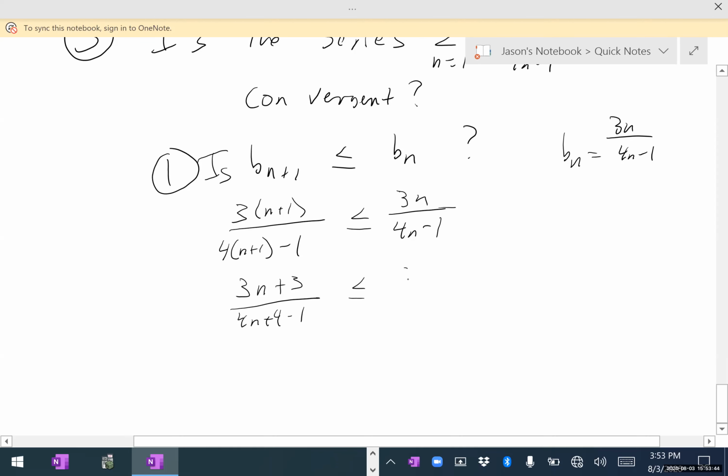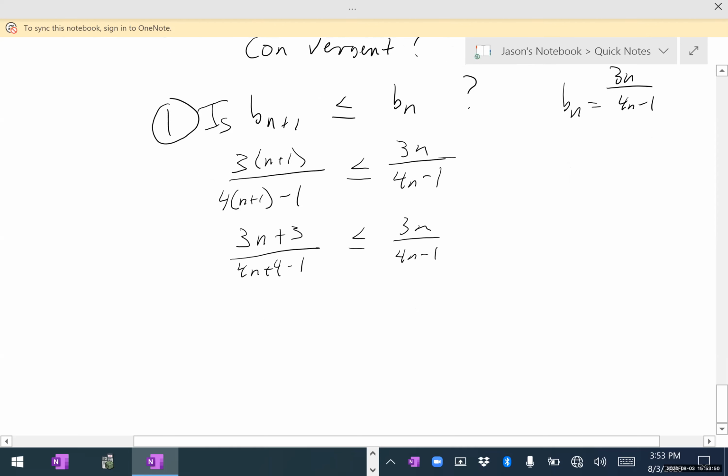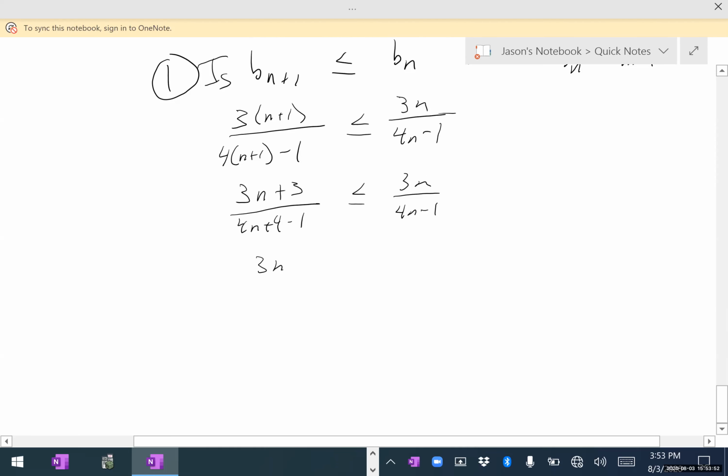Is that less than or equal to 3n over 4n minus 1?